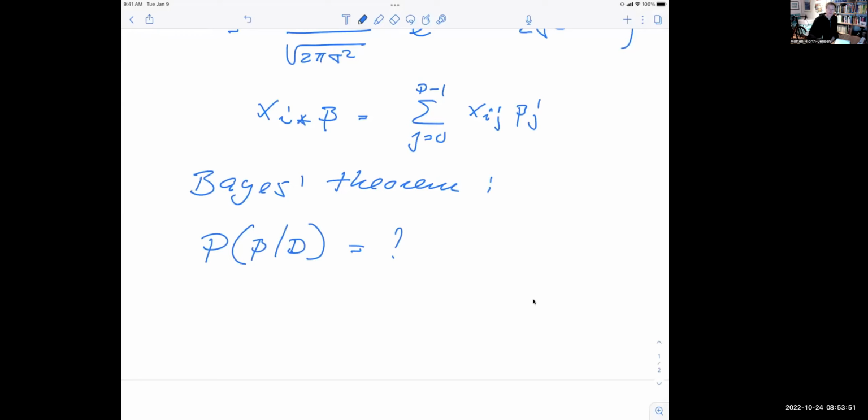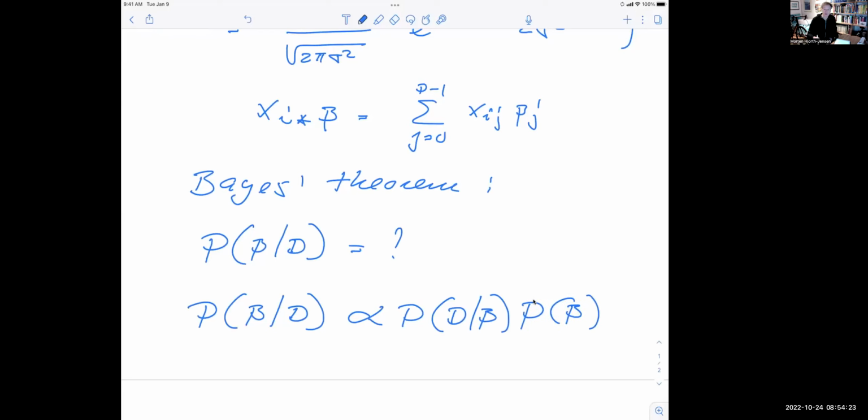Here we can use Bayes' theorem, and we could say that there is a probability distribution for the betas given the data D. I'm skipping the normalization factor which we had previously. So I'm simply going to assume that this is proportional, so I take away the normalization factor which was in the denominator, that this is given by P of D given beta, and then we have a model for the parameters beta.